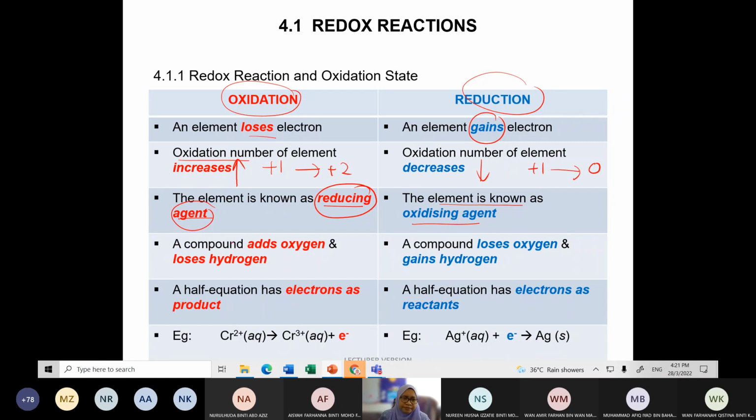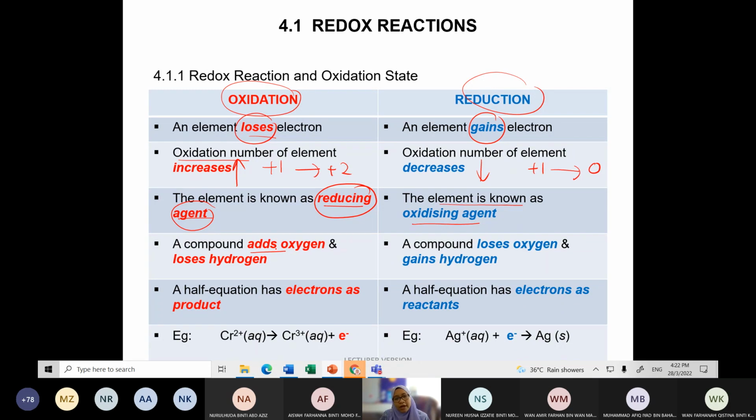Other than that, the method of identifying the oxidation process is, satu, kita identify dia lost the electron. Satu lagi, bila dia adds oxygen, the number of oxygen atoms added increases.